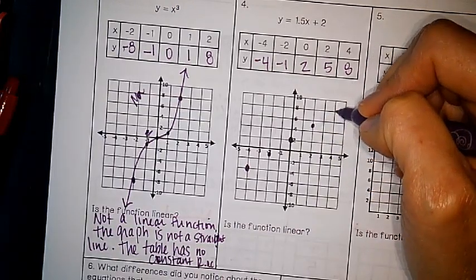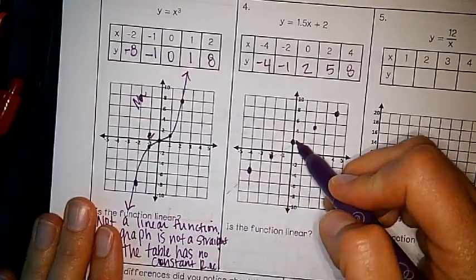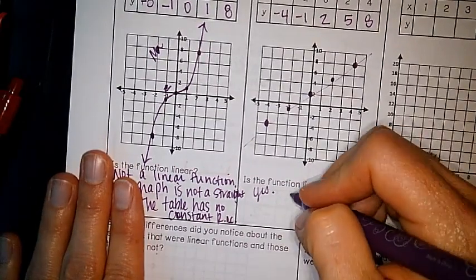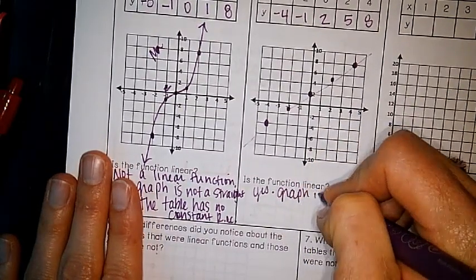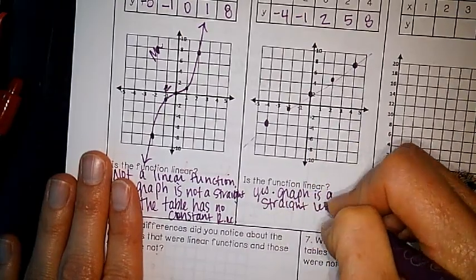Like that. Is this a linear function? Yes. How do you know? The graph is a straight line, and it has a constant rate of change.